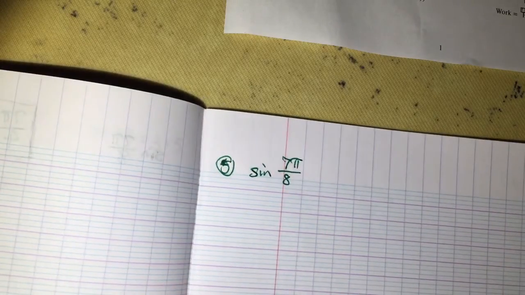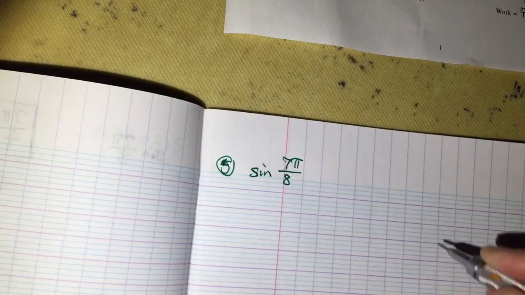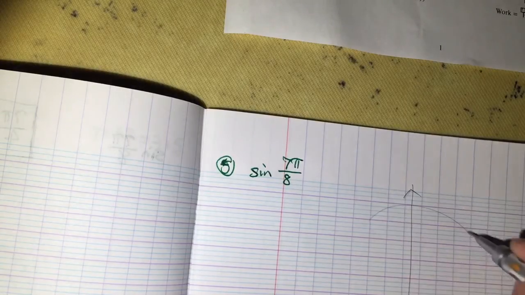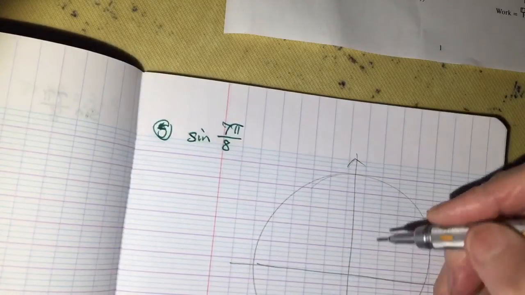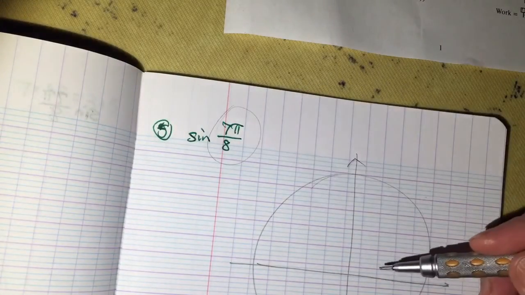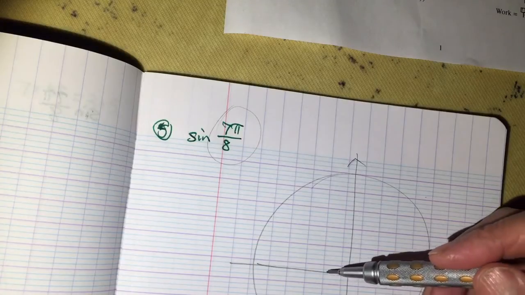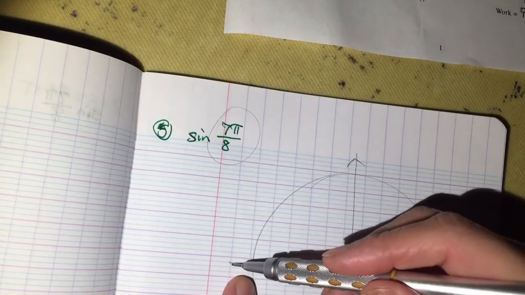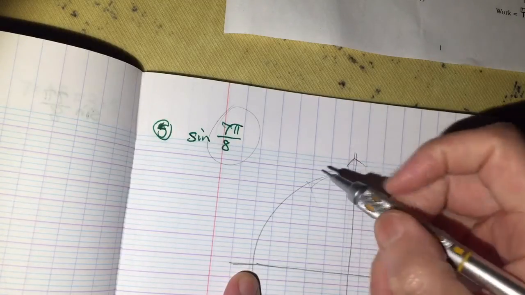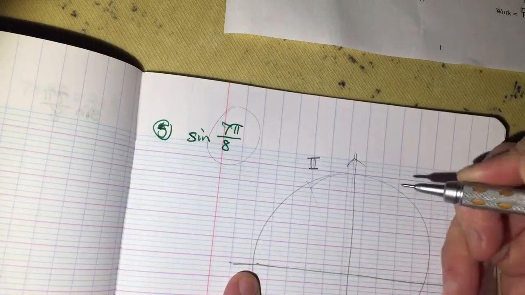So let's draw this angle here. This angle 7 pi over 8 is smaller than pi and larger than half a pi, so it's in the second quadrant.